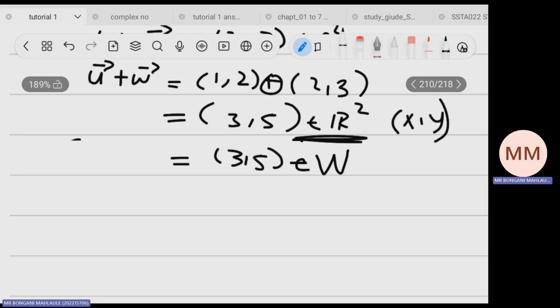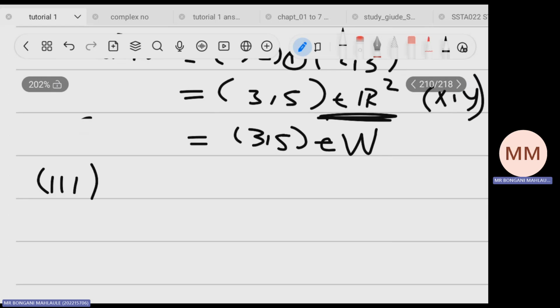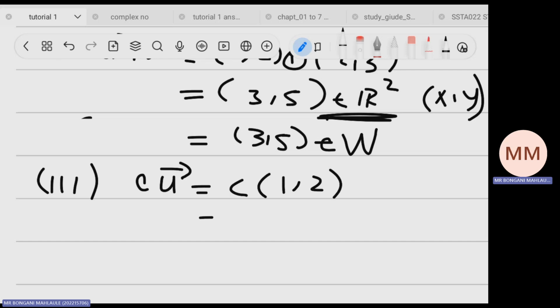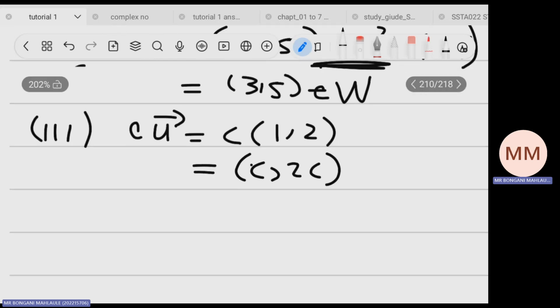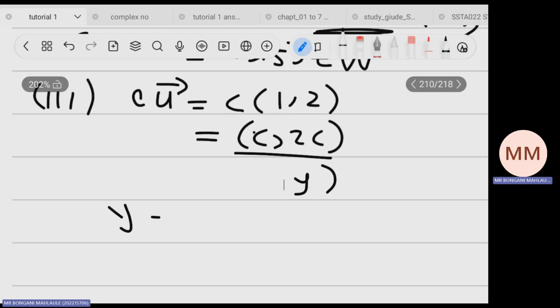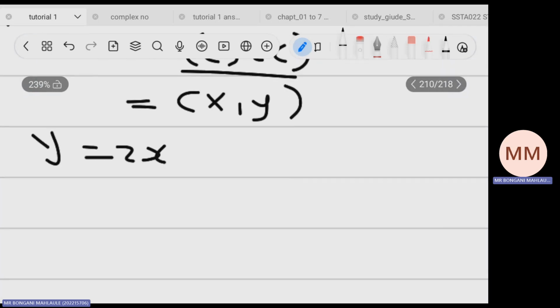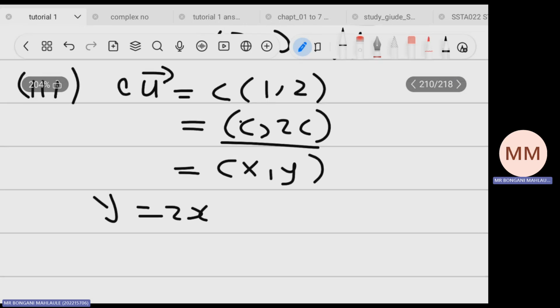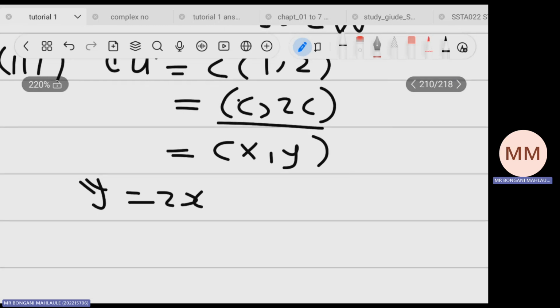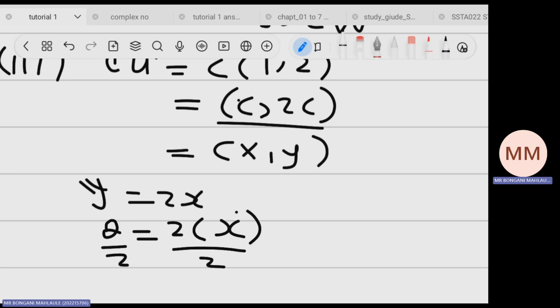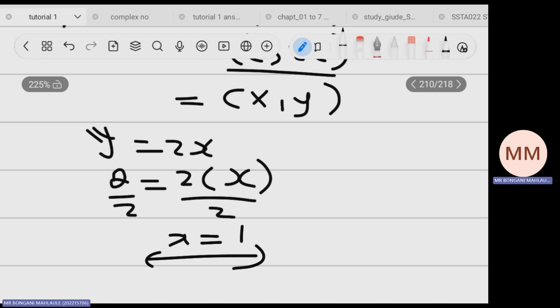Then the last one, if you multiply vector u with any vector, you'll get what? C to C. So you see that if this is x and y, the condition y is equal to 2x is going to hold, because we're having our y as 2, and then our x, suppose we don't know, you'll get x is equal to 1.